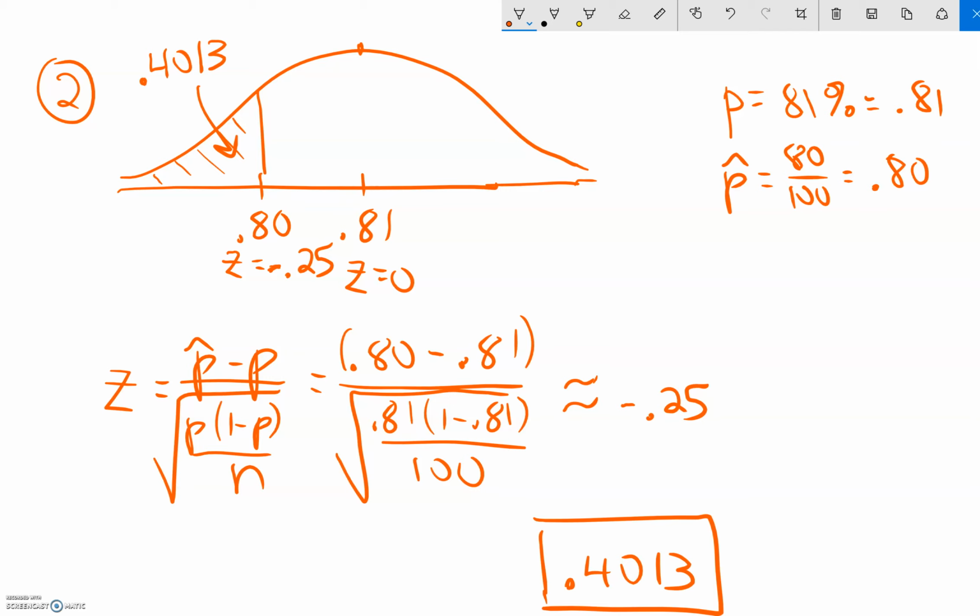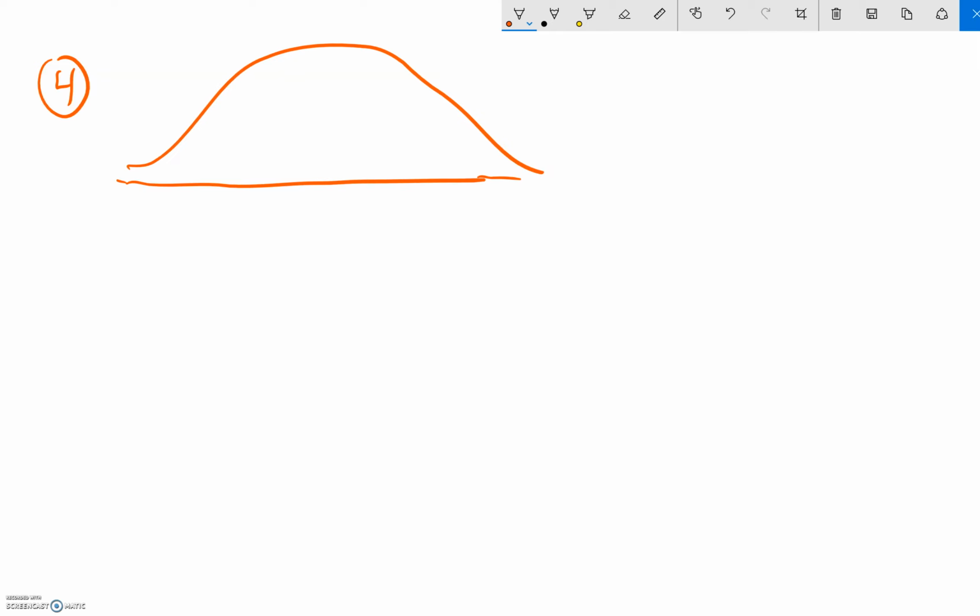All right, I want to do one more problem with you. We're going to skip number 3. I'm going to leave that for you to do. And we're going to do problem number 4 together. All right, problem number 4 says it's estimated that 8.3% of all Americans have diabetes.